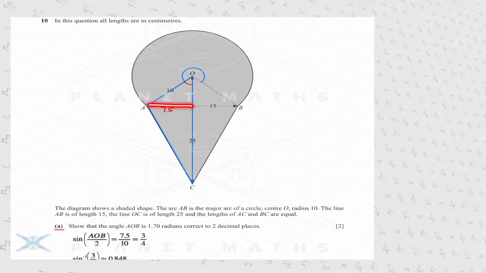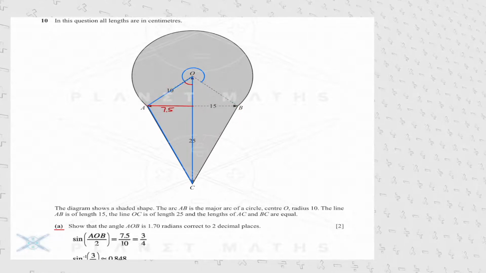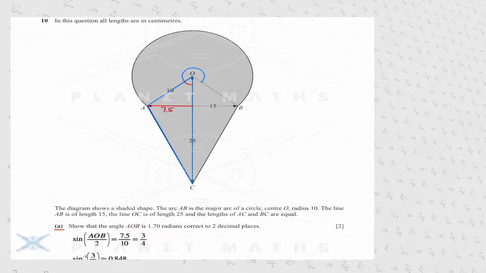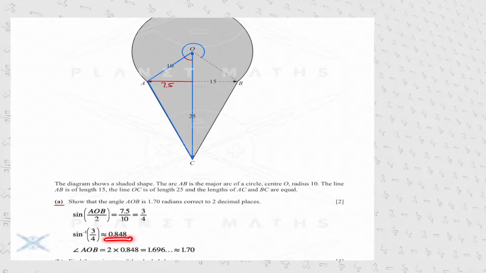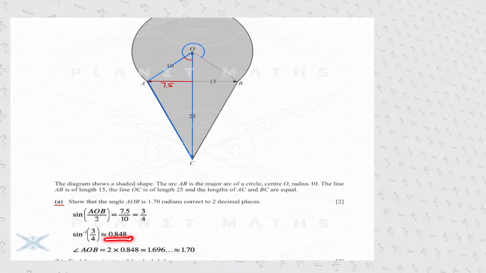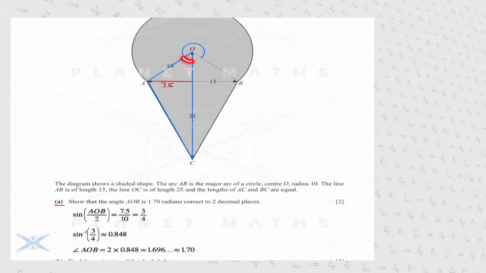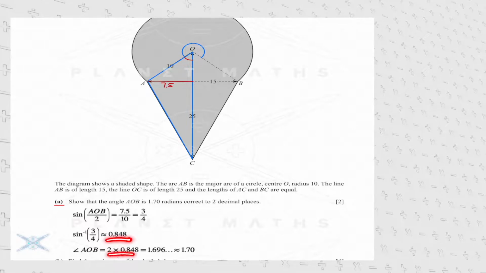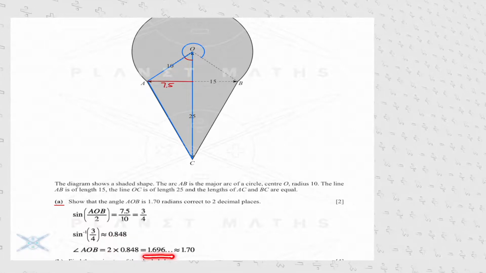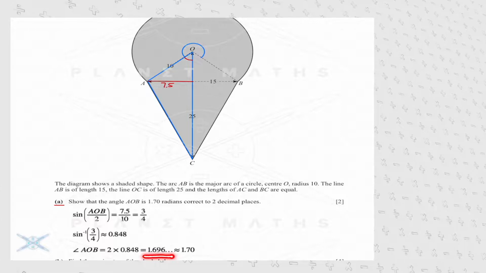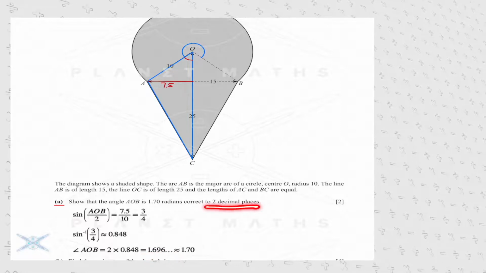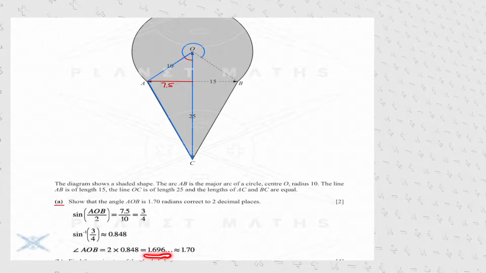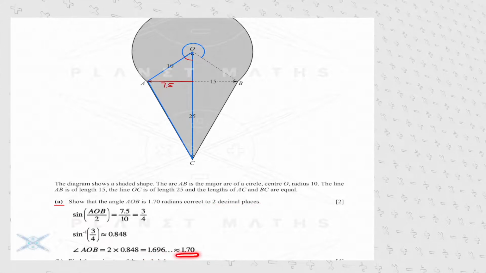So the opposite divided by the hypotenuse delivers us 3 over 4, and with the assistance of our pocket calculators we can determine that the result is approximately 0.848. Since this is only half of the angle AOB, we now need to multiply our result by 2, and we can see that the angle AOB is indeed 1.70 radians, correct to 2 decimal places, since 1.696 rounded accordingly delivers us exactly that result.